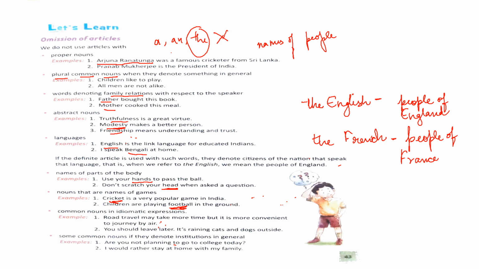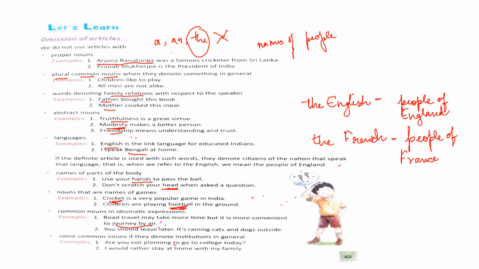Next is common nouns in idiomatic expressions. "Road travel may take more time, but it is more convenient to journey by air." "To journey by air" is an idiomatic expression. Air is a common noun in this expression, but we do not use any article.